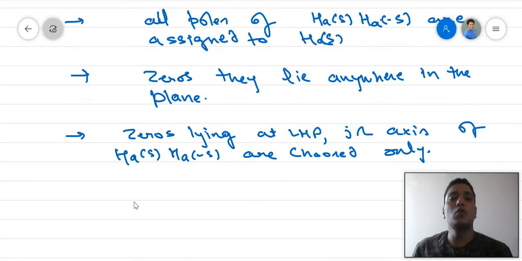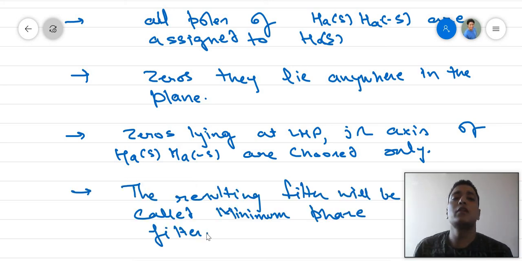But we will choose only those zeros which lie either in the left hand plane or on the j omega axis of this function HA(s) with HA(minus s) in the s plane. The filter which satisfies all the previous conditions which we have discussed will be called a minimum phase filter.